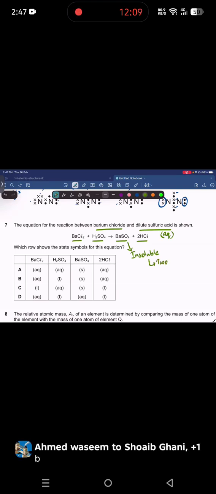Dilute sulfuric acid means it's aqueous. And an insoluble salt is formed here. For an insoluble salt, we always take two aqueous salt solutions.